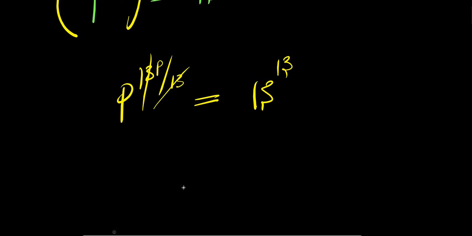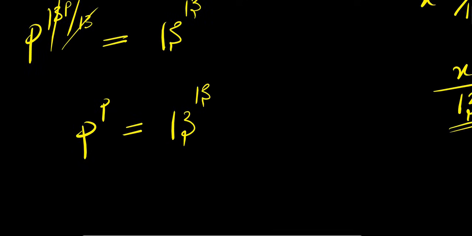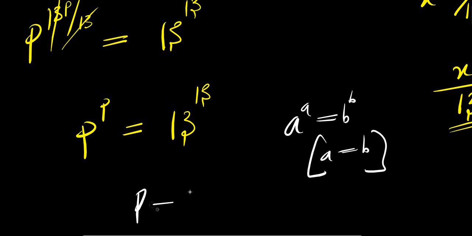That means I will simply have p power p equals 13 power 13. And this shows that if you have a power a equals b power b, meaning a equals b. So we have p equals 13.